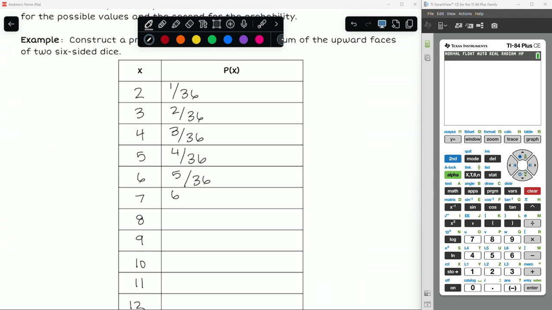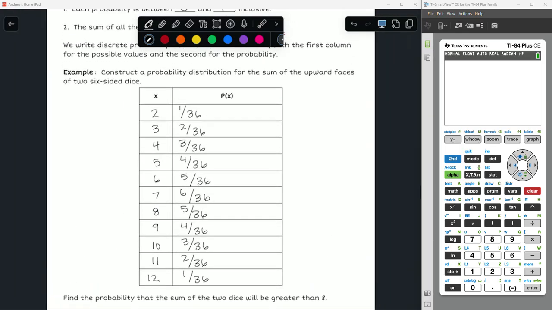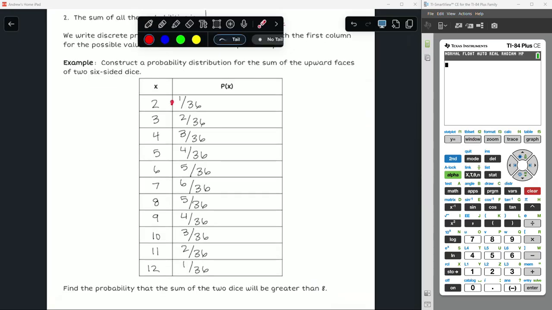We hit our peak at 7, and then it started to go back down again. What I have now in this table is all of the possible outcomes for the sum of 2 dice and their corresponding probabilities. So now I can answer any probability question about rolling 2 six-sided dice.